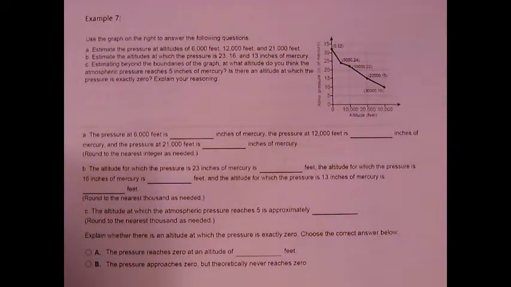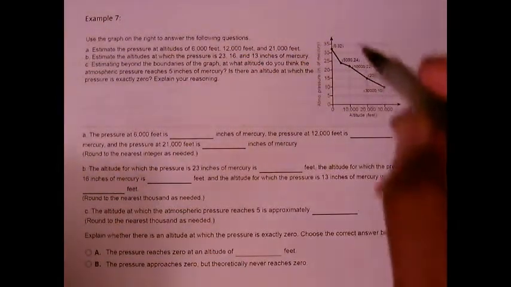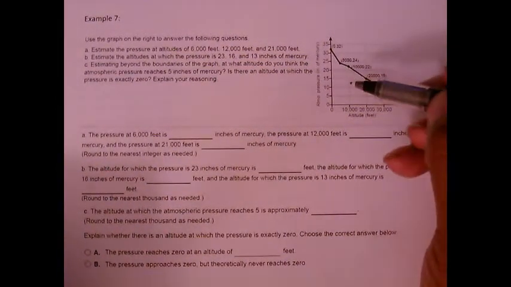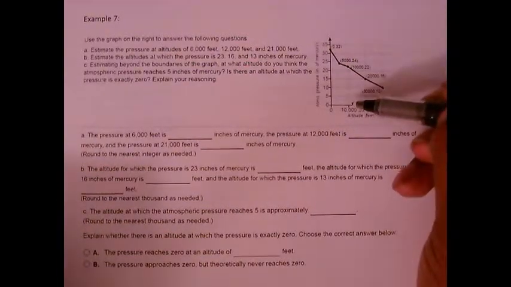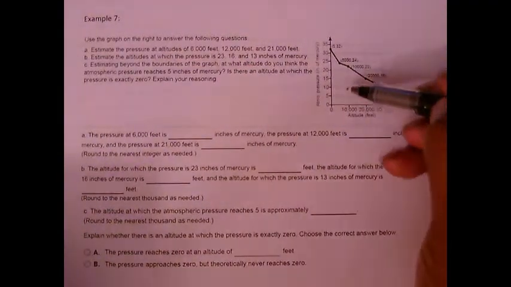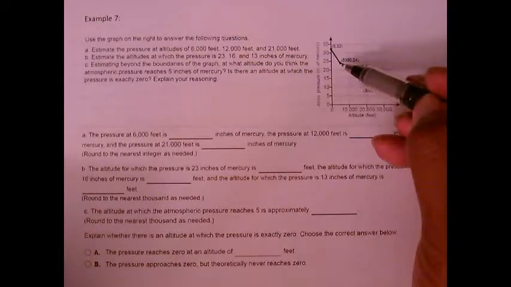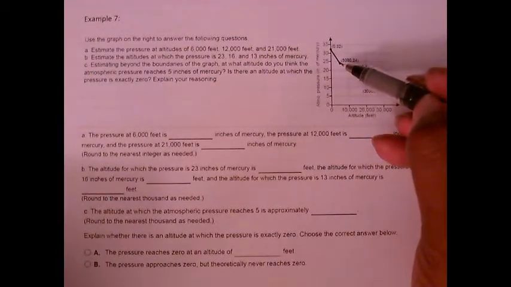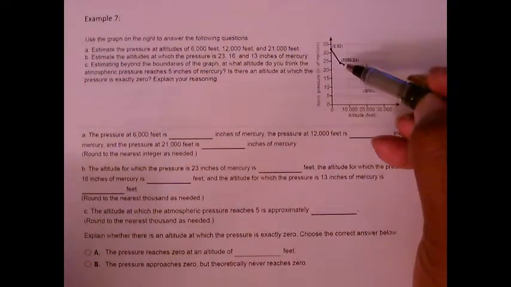So here the pressure at 6,000 feet is what? Well, we know that's 10,000. And this right here is at 5,000. So if we go a little bit further at 6,000, I know at 5,000 is 24, so we're going to have to guesstimate just a little bit.